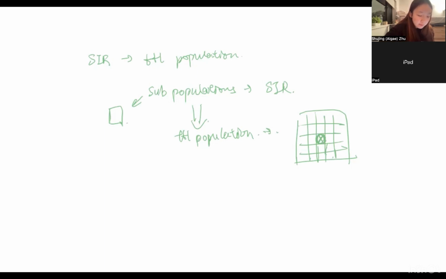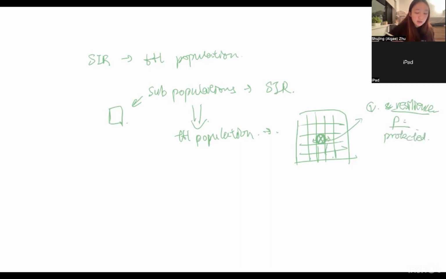So for each time step, it spreads the disease based on two factors. The first one is a factor that I name resilience. Every subpopulation has this attribute, which describes how protected that population is.